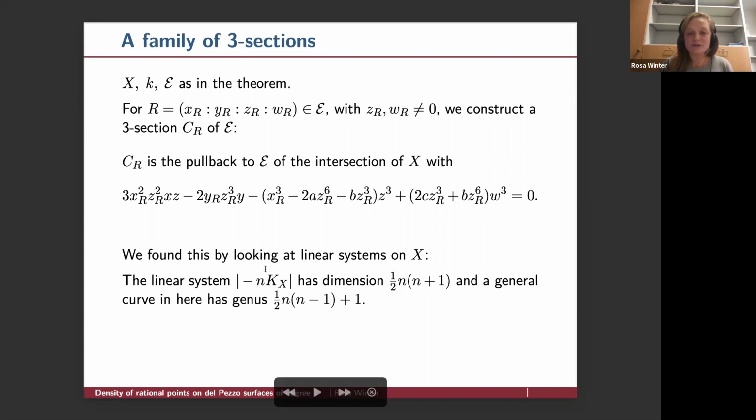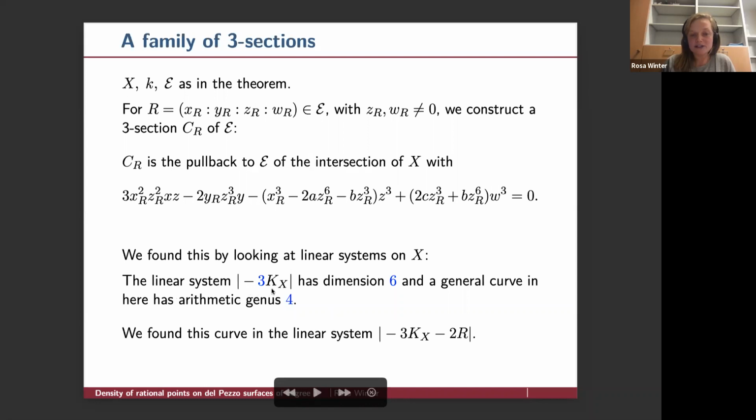So by playing around with curves in this system, we hope to keep the dimension high enough to find curves, but bring the genus down. One system where we looked was minus 3K_X. This has dimension 6, and a general curve here has arithmetic genus 4.